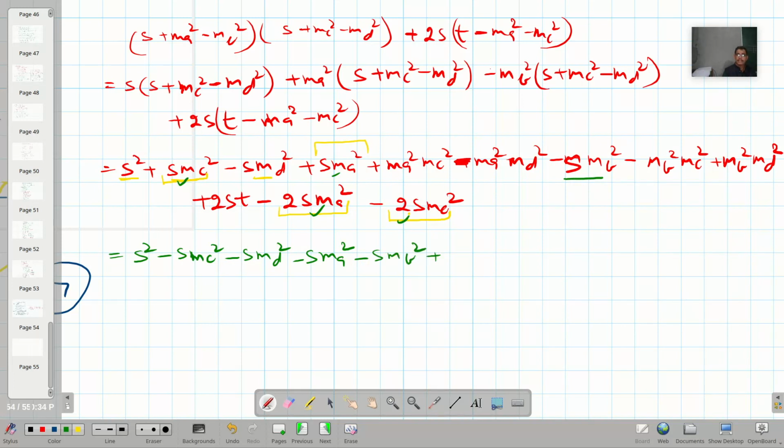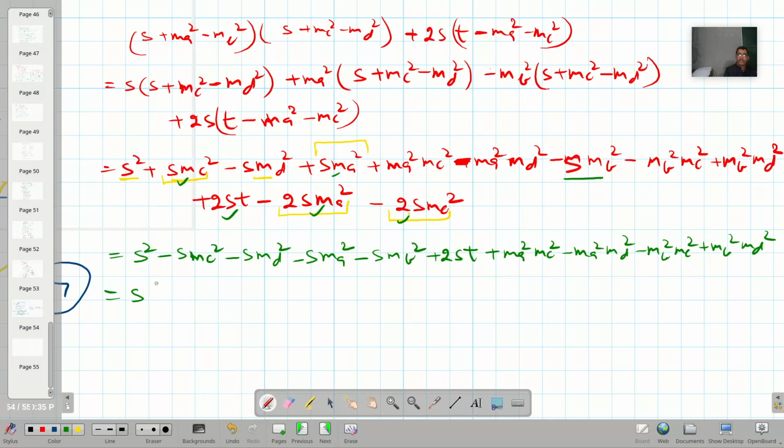Then plus 2st will also be there, and the remaining terms are plus m_a square m_c square minus m_a square m_d square minus m_b square m_c square plus m_b square m_d square.